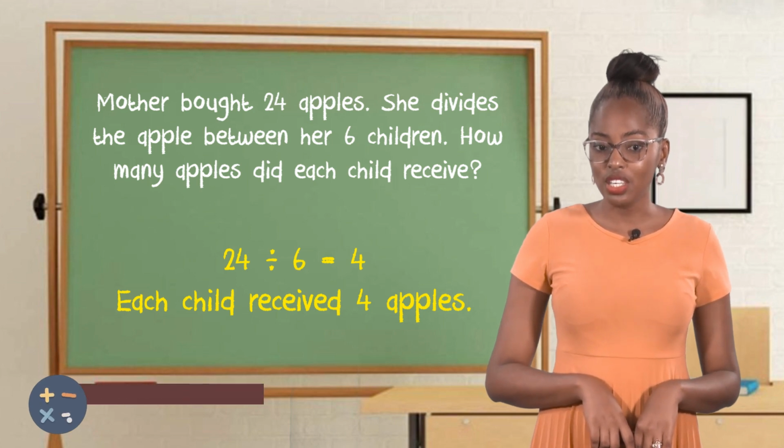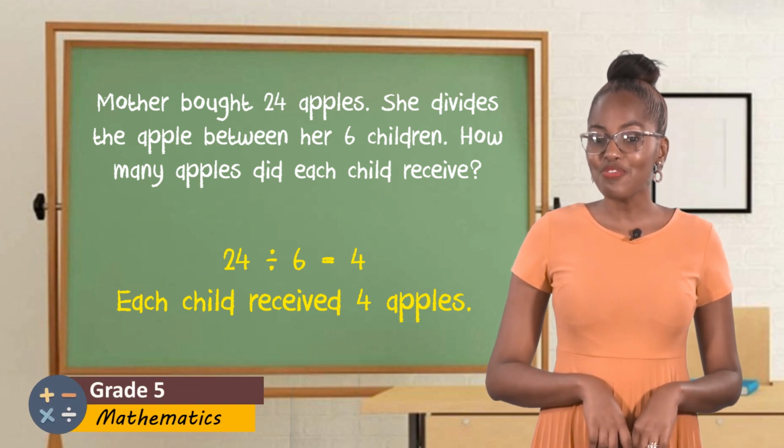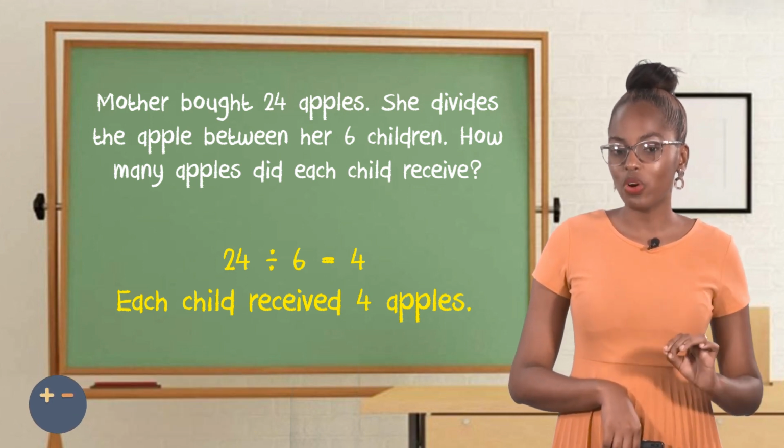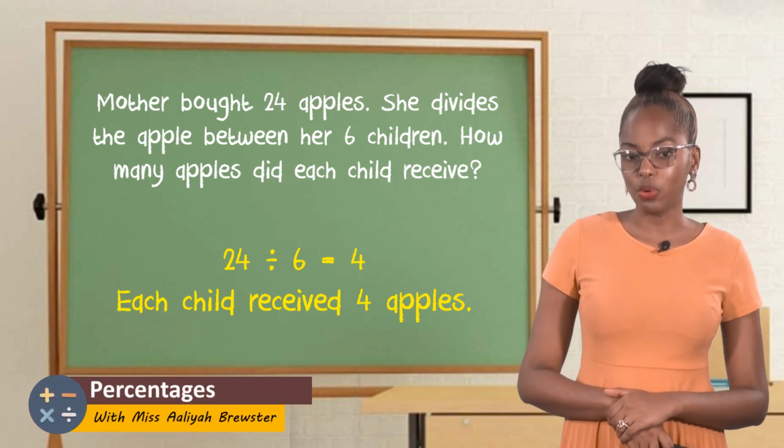Each child received, of course, 4 apples because 6 times 4 equals 24.